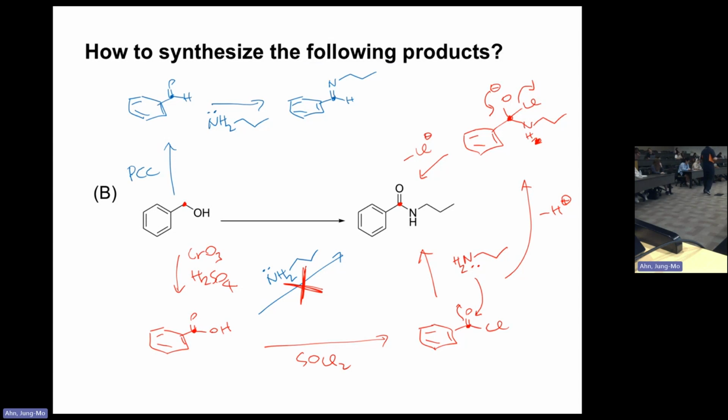If you just throw it out, this and that look very similar, right? Almost identical, except hydrogen or the chlorine. The reactivity is very different.